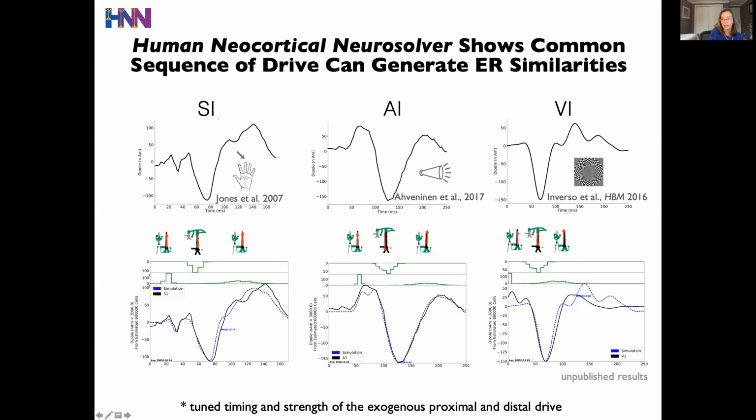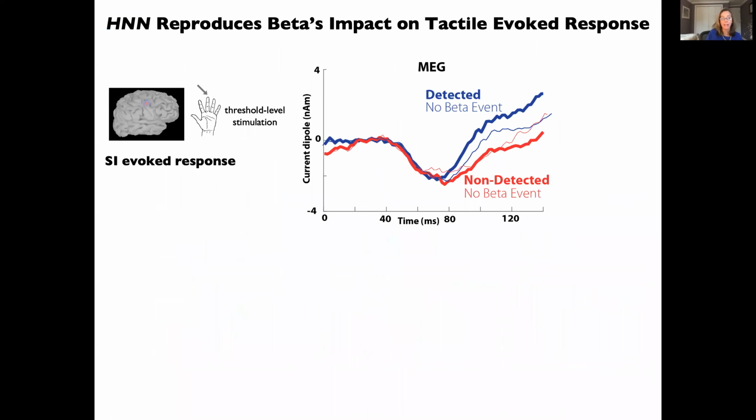And what HNN is showing, again, by tuning the exact timing and the strength of these drives, is that the same pattern of input can create these evoked responses in these different brain areas, suggesting that at the macro scale, things are really dictated by this common structure of cortical circuits that has these big pyramidal dendrites and these layer-specific pathways of information.